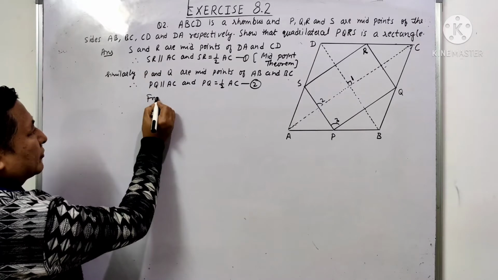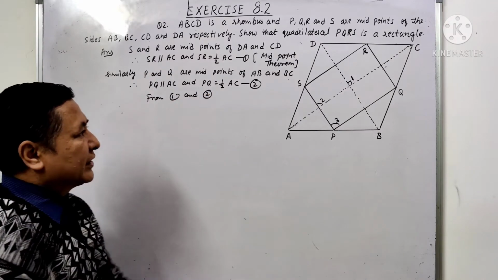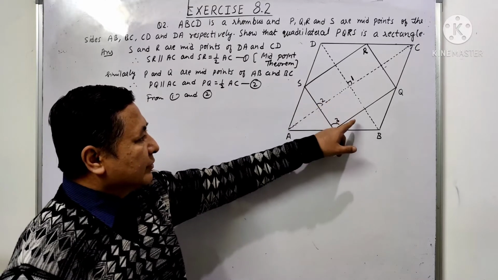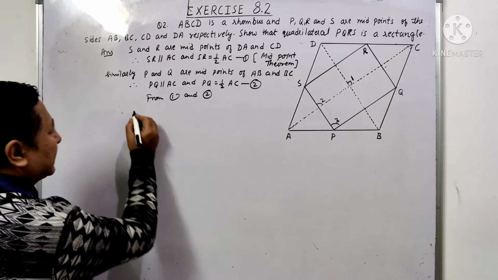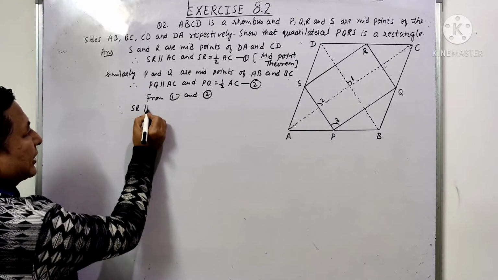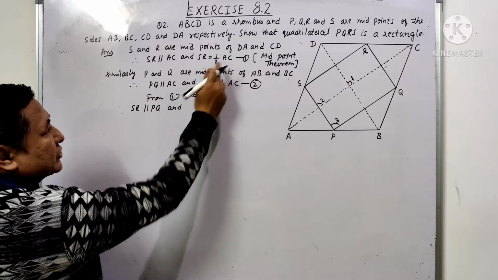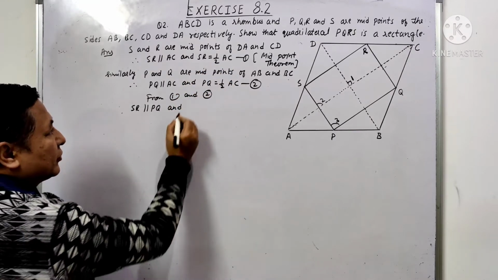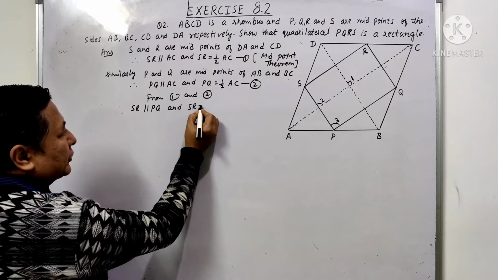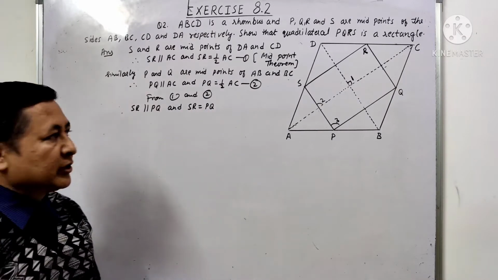So from first and second we can say that SR and PQ will also be parallel. SR is parallel to PQ and SR is equal to half of AC and PQ is also equal to half of AC. Therefore, SR and PQ will be parallel as well as equal.